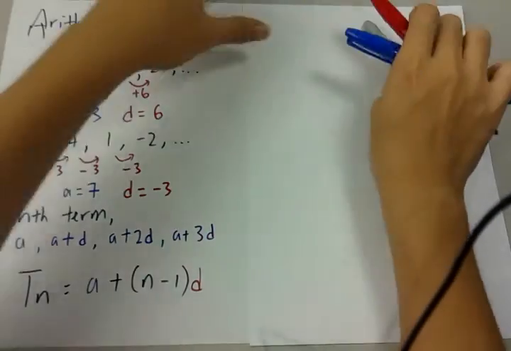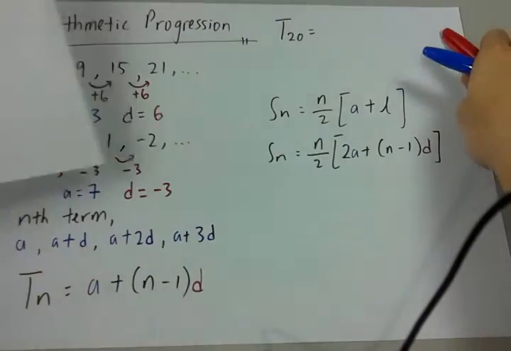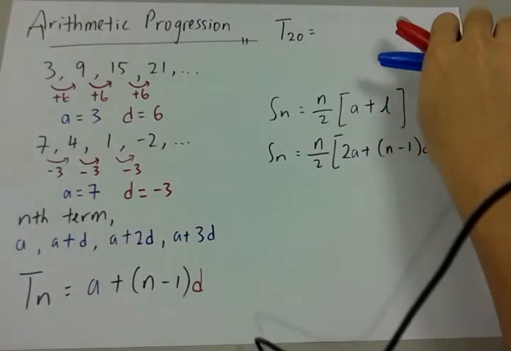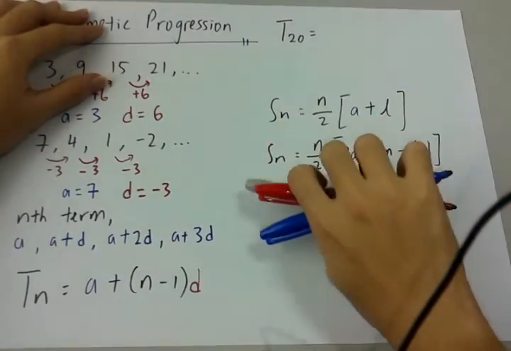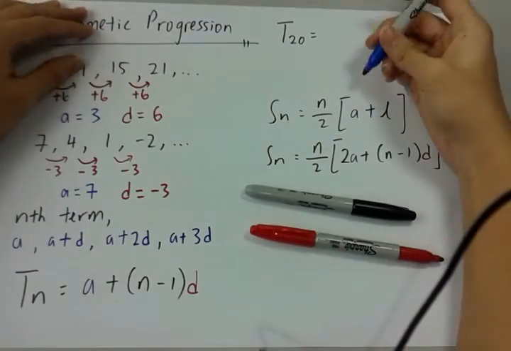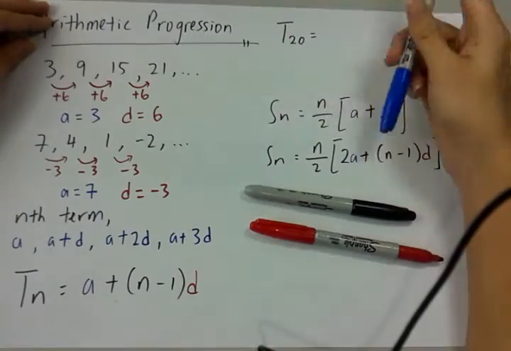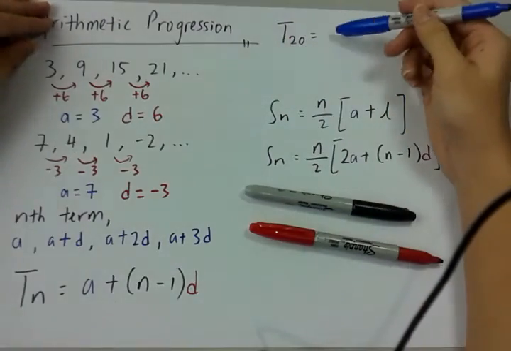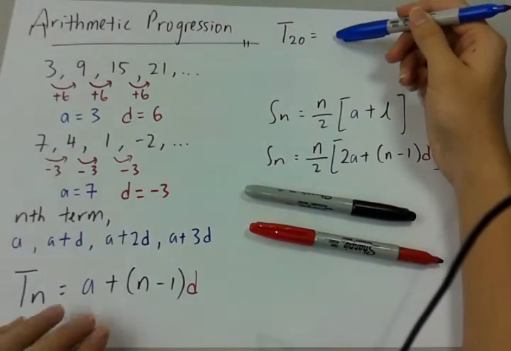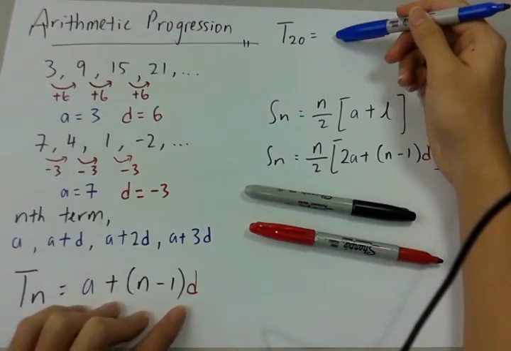Now let us apply this concept into an actual question. If we want to find the 20th term of the first example here, how do we do it? First, we refer to the formula a plus (n minus 1) times d.